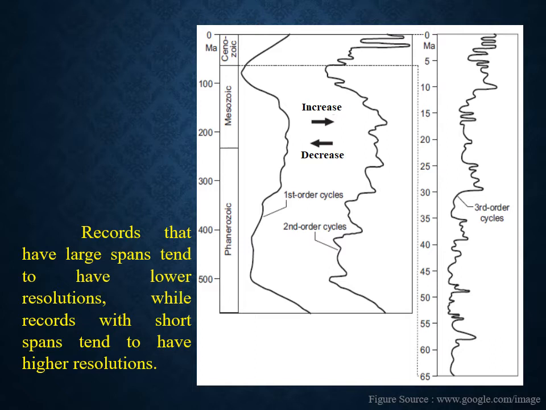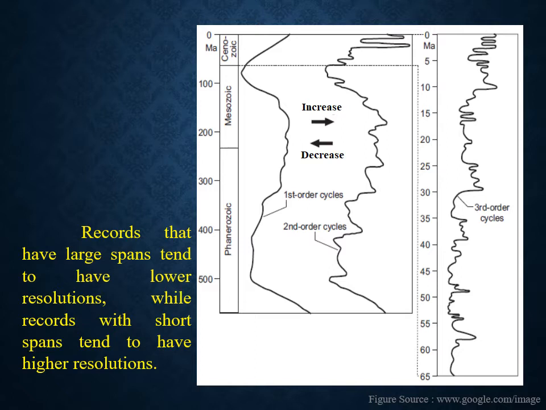So those proxies which give us records of a vast time span, they have lower resolution. That means the smaller ups and downs, the smaller variations of climatic conditions are not recorded in that proxy technique.